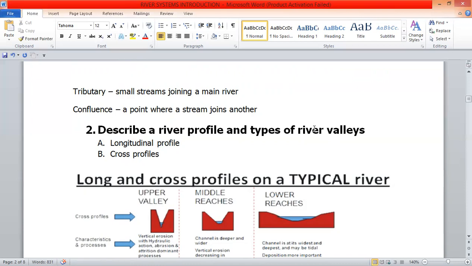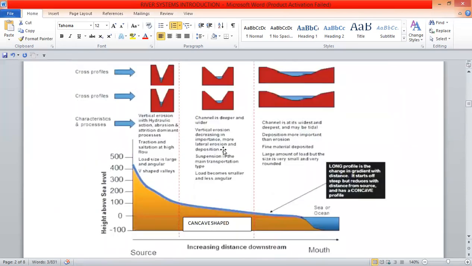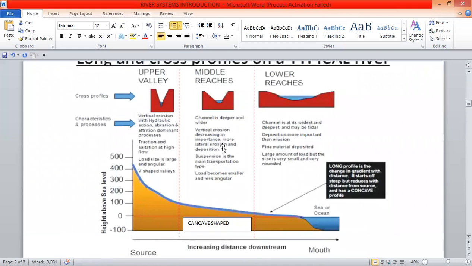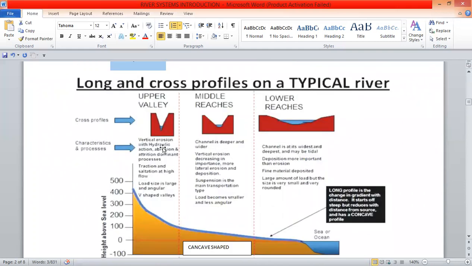There are two types of river profile. We have longitudinal, as you can see, that's the spelling, longitudinal profile, and we have cross profiles. Let us begin with the longitudinal profile, or sometimes it's mostly called long profile.